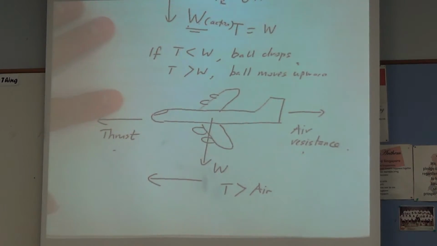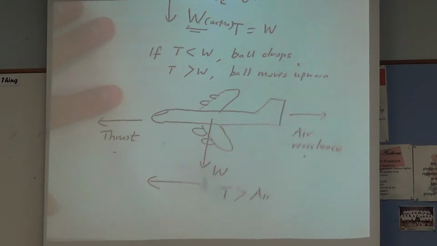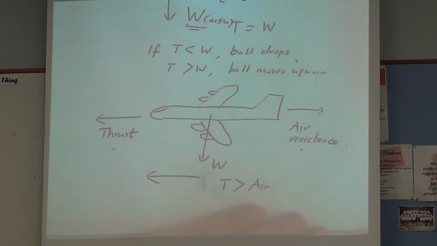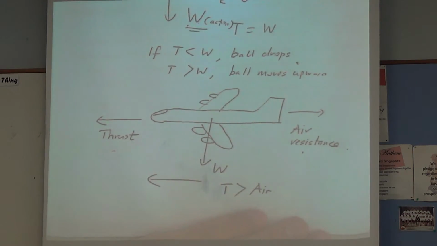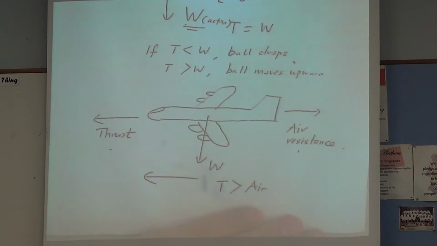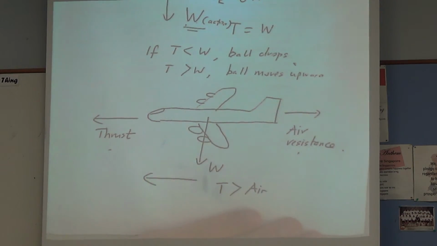Now, guys, something is wrong with my picture. Have you seen a plane flying and dropping? No. As it is cruising in the air, do you think it is flying and dropping at the same time? No. It is usually flying at the same altitude, the same height.